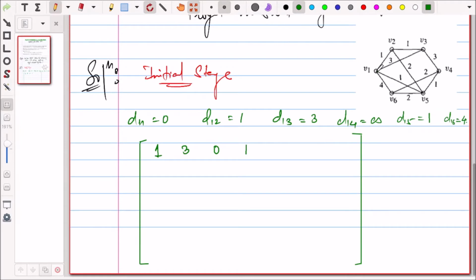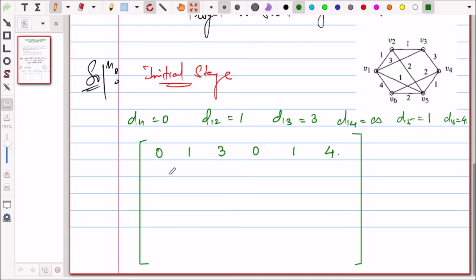Then 6, sorry, we made a mistake, we missed 3. So the first row is 0, 1, 3, infinity, 1, 4.